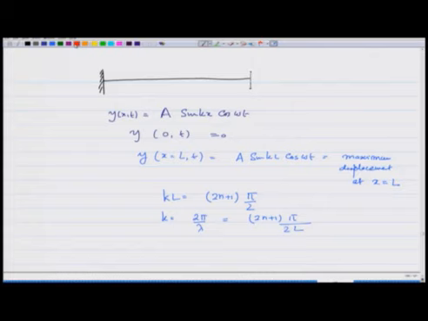I cancel pi on both sides and get lambda equals 4L over (2n plus 1).